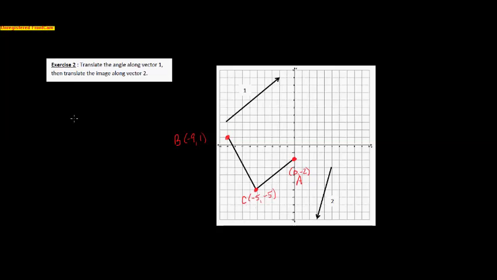So again, I've got 2 translations to do. We've got a vector here, and we've got a vector here. The first thing I want to do is determine what this vector is doing.